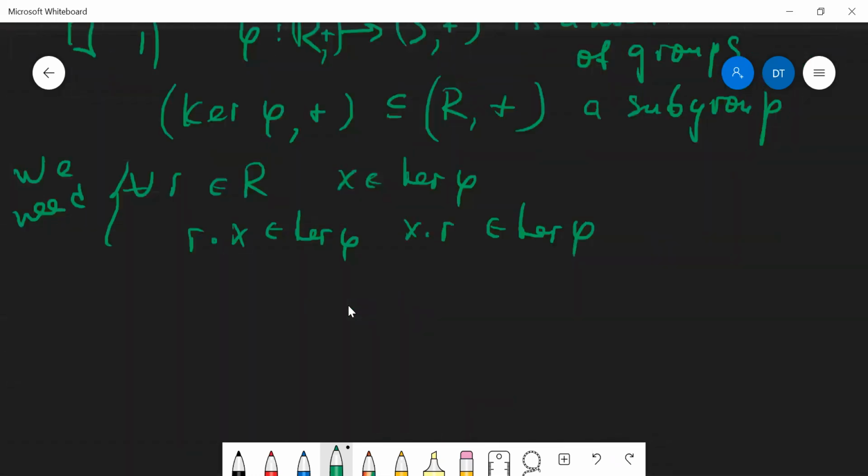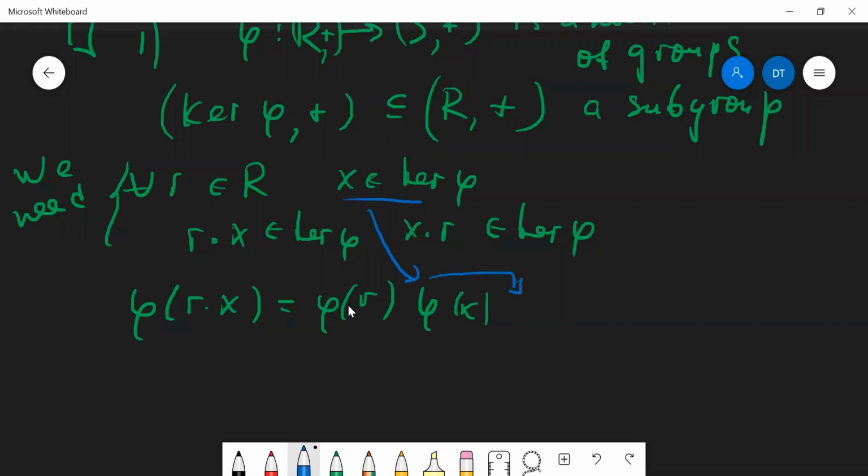We should take its image, and if it's 0, then it belongs to the kernel, and if it's not, then it's not in the kernel. So let's take an arbitrary r, arbitrary x, and let's compute phi of rx. Since phi preserves multiplication, it's equal to phi(r) times phi(x), and since x was an element of the kernel, this thing is 0, so the result must be 0.